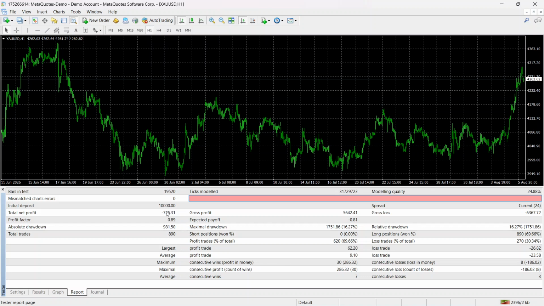Now going over to the profit, we see our largest profit trade 62, largest loss 26, with our average profit trade falling at 9 and average loss 23, meaning we had more losses in general.